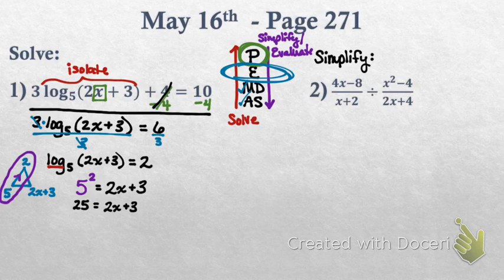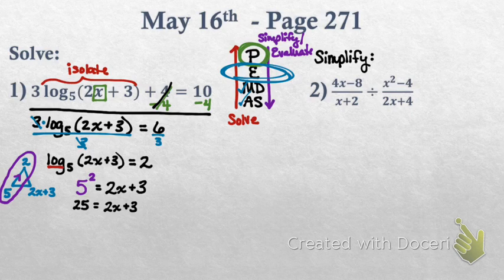And now notice when I did that, because the only thing over here on the right is 2x plus 3, I don't have parentheses anymore. I don't need them anymore because there's nothing here except this expression. To get the x all by itself, I've got to start back down at the bottom and work my way towards the top again until x is alone. Is there any addition or subtraction on the same side where x is?